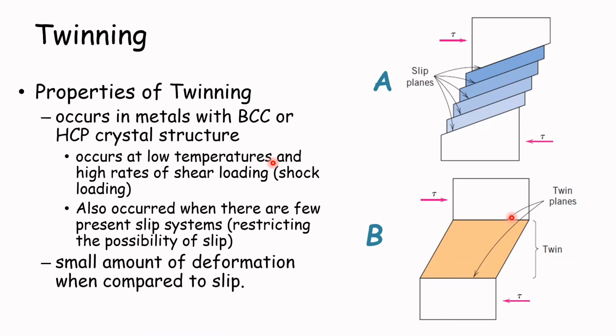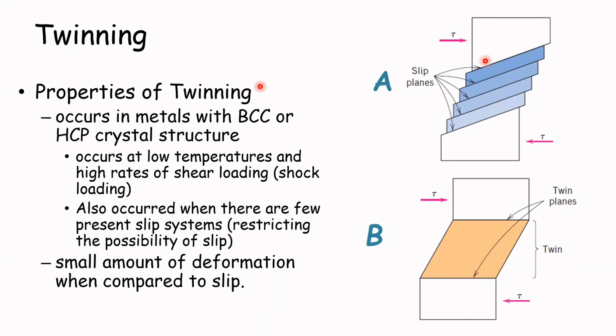So as we can see in the figure, slip and twinning deformation are compared for a single crystal that is subjected to a shear stress. We can see that slip steps are shown in A here. These two processes differ from each other in several respects. For example, for slip, the crystallographic orientation above and below the slip plane is the same both before and after deformation.